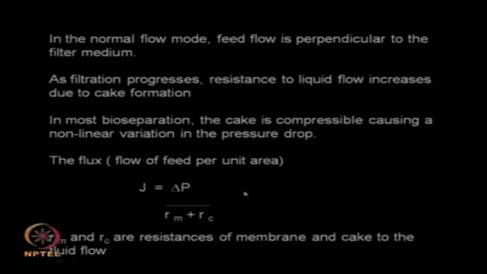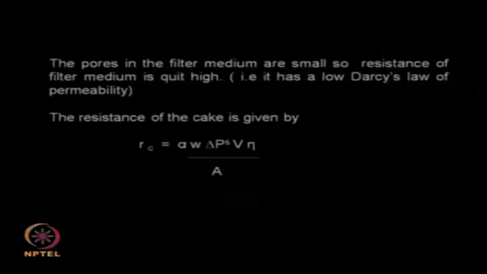I hope you can recall those equations which we talked about a long time back. So the flux here will depend upon the driving force delta P divided by Rm plus Rc. Rm is the resistance offered by the membrane and Rc is the resistance offered by the cake. The pores in the filter medium are small, so the filter medium also will offer some resistance, unlike the normal filtration.